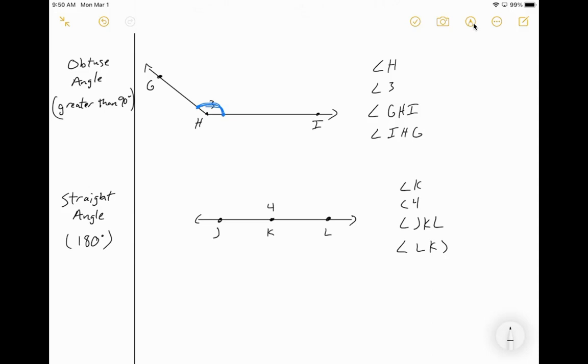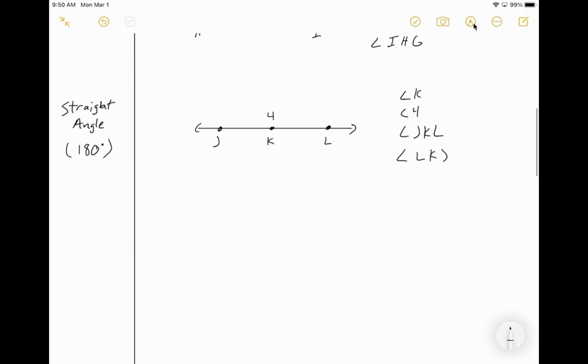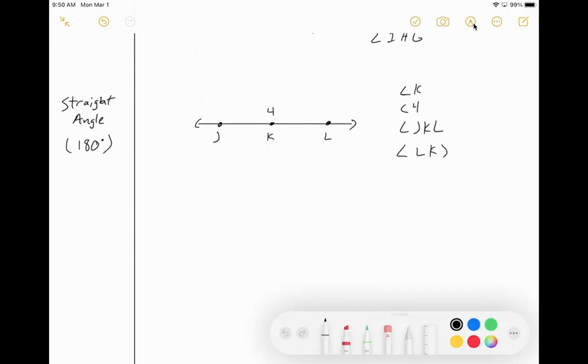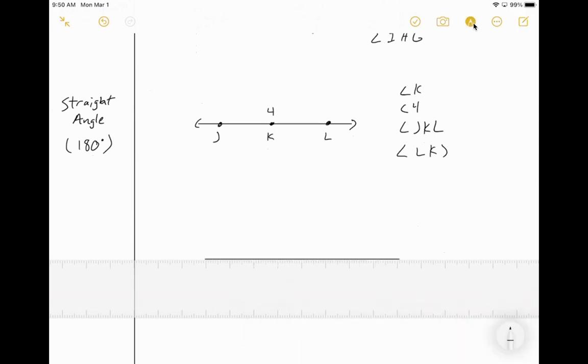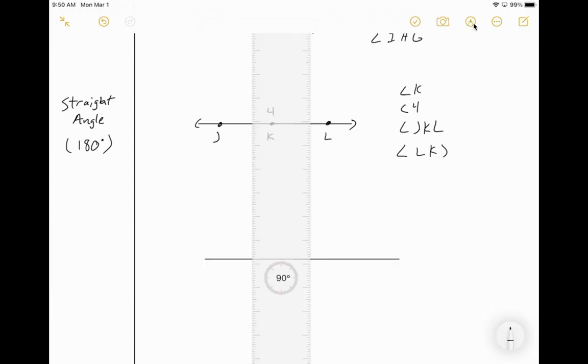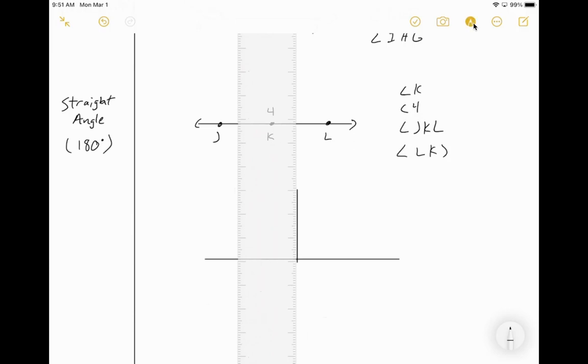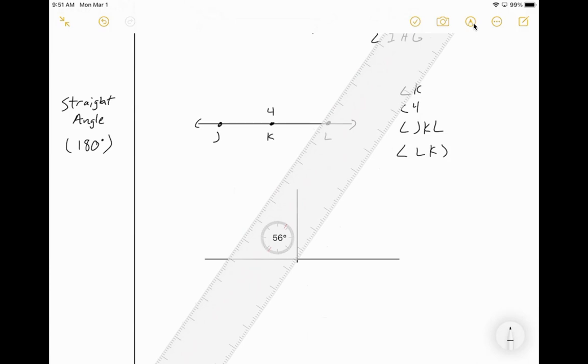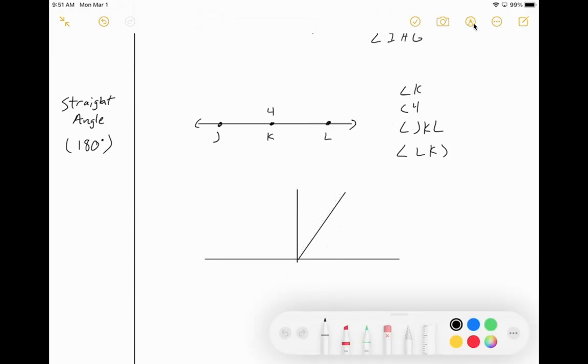All right, so here's a little challenge for you guys. And you can see here with my ruler that makes 90 degrees. All right, here's my challenge for you guys.